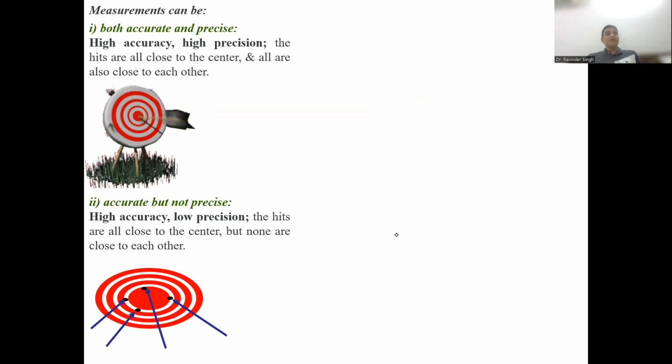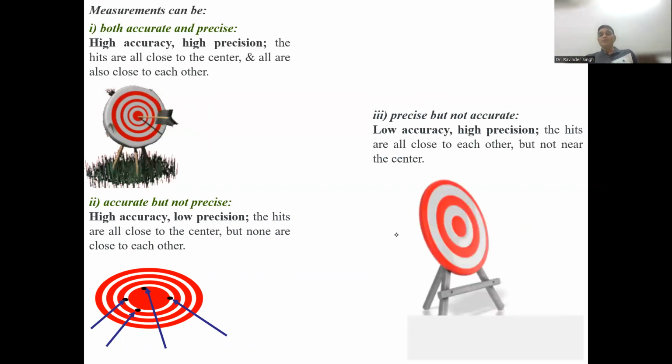So the results are highly accurate because all are near to the accurate center, but they are not precise. The next one, you can see all the hits are closer to each other, but none of the hits is near to the center. Means the results are with low accuracy. They are not accurate, but the result is highly precise.